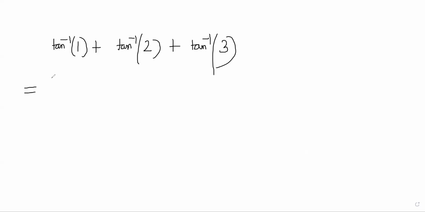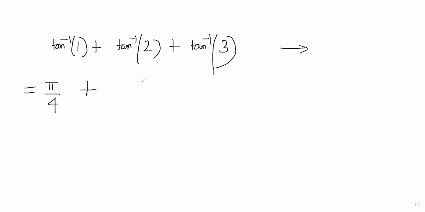What is the answer coming for you? The tan inverse 1 we can directly write as pi by 4. For the next one we need to do some transformation to bring it between minus 1 to 1.